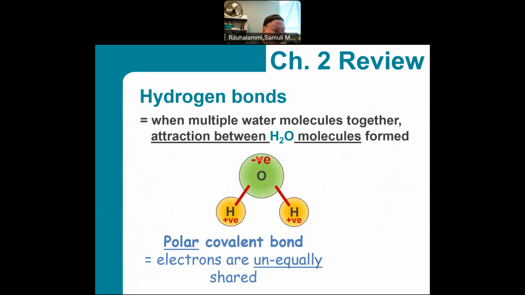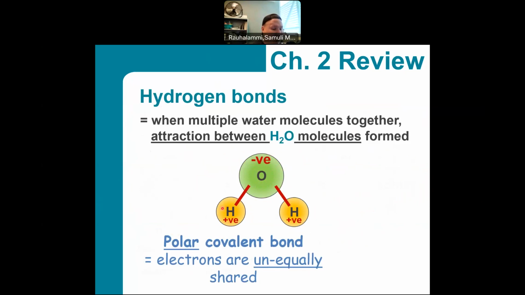So because the electrons spend more time with the oxygen than they spend with hydrogen, the negative charge of electrons makes the oxygen end of this molecule slightly more negatively charged. Remember, electrons carry a negative charge. The electrons are spending more time around the oxygen, so the oxygen end becomes slightly negatively charged overall.